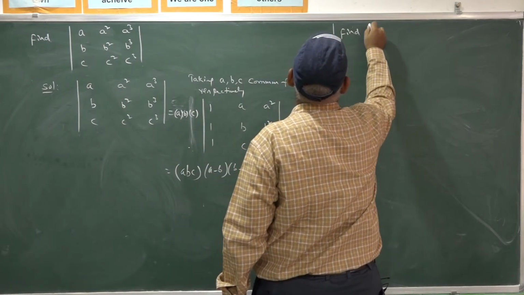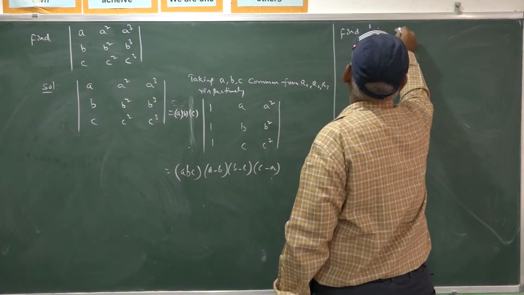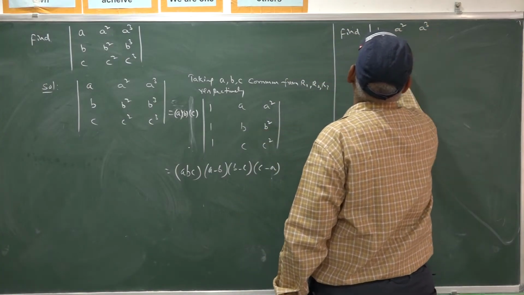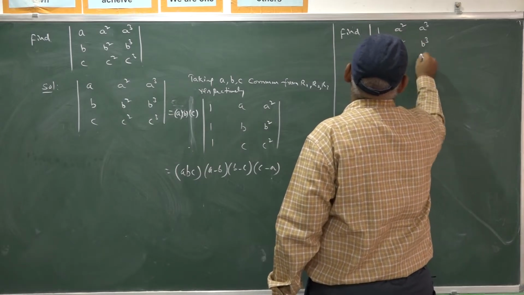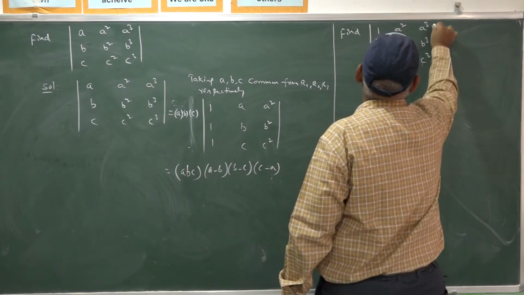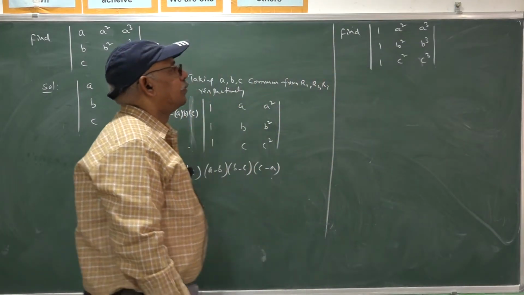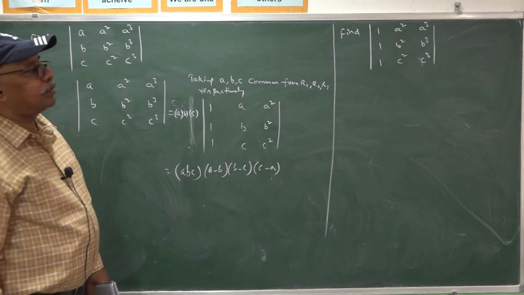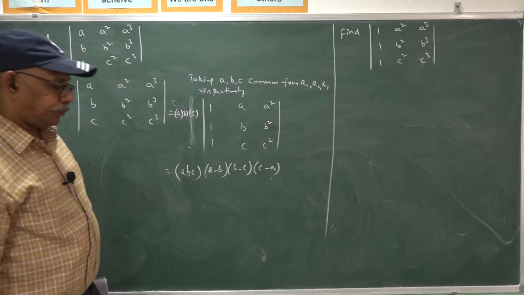Now find the determinant of 1 A square A cube, 1 B square B cube, 1 C square C cube.